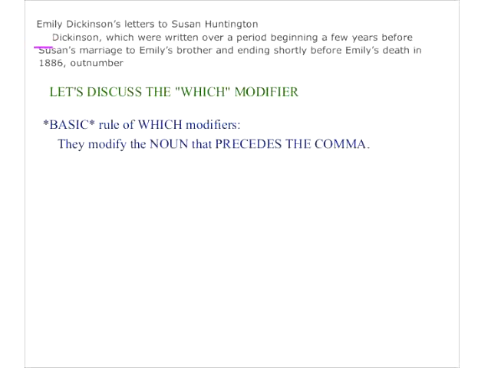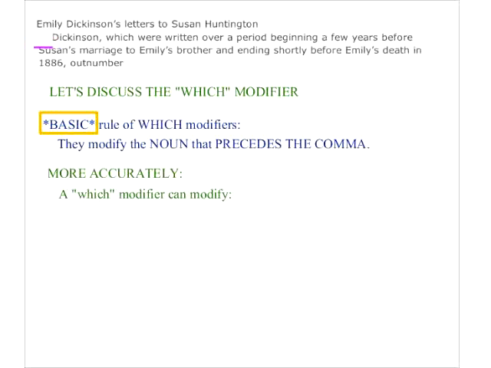On the other hand, this is a basic rule, and in the case of instances like this, we're going to need to modify this rule. A little bit more fine-grained look at this. More accurately, a which modifier can modify the immediately preceding noun.